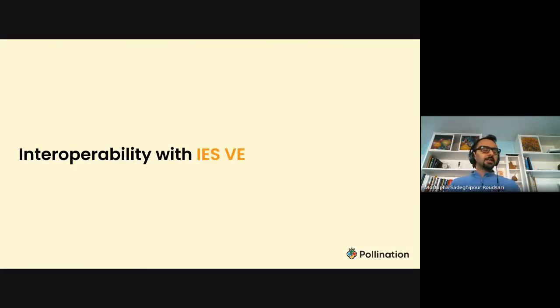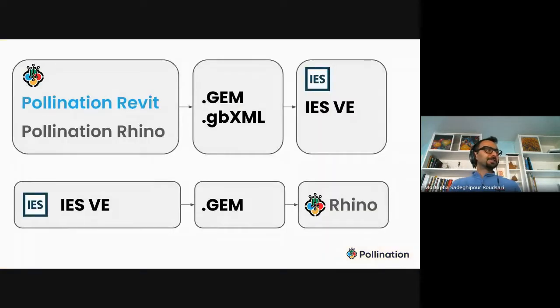Interoperability with IES VE, glad you asked. We already showed this, but just as a reminder, you can export both GEM and GBXML formats from Revit and Rhino and go to IES directly. If you go with GEM format, you only get geometry, but we guarantee the geometry is clean and it will be imported.